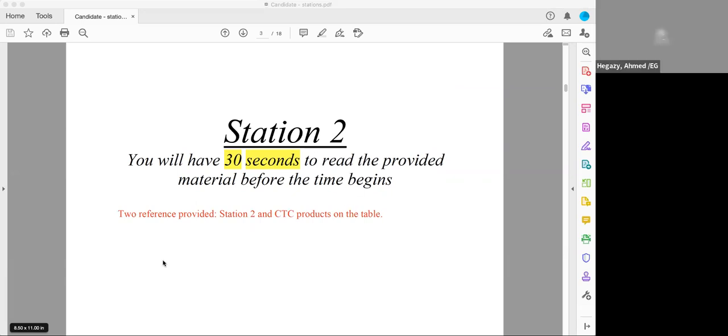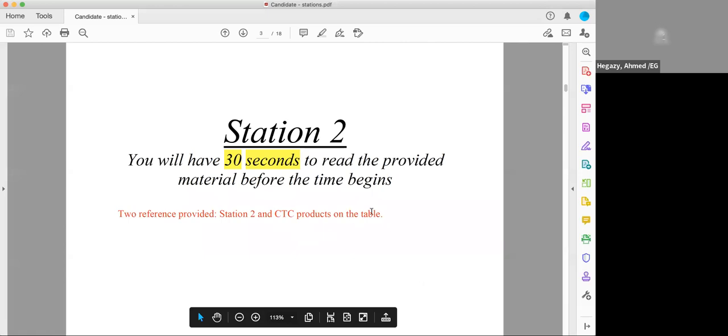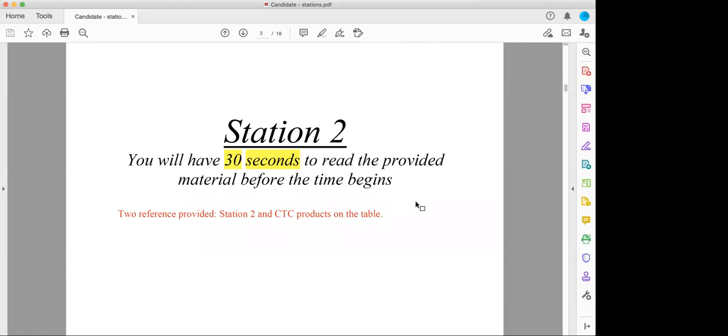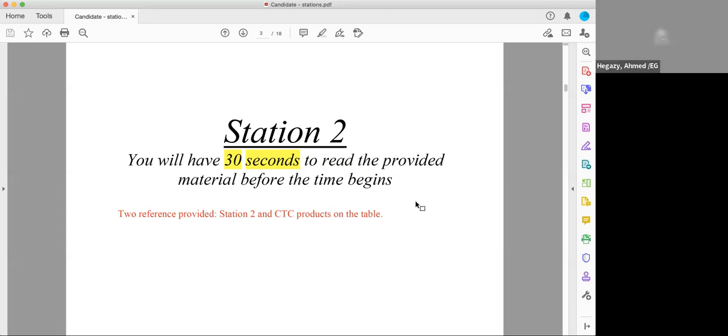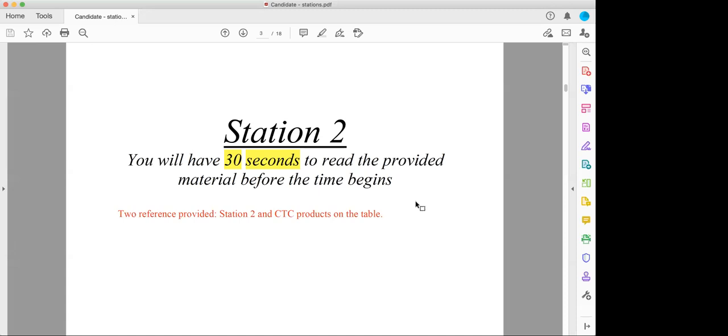Here you go. Okay, please watch the time. You have 30 seconds to go through the reference.